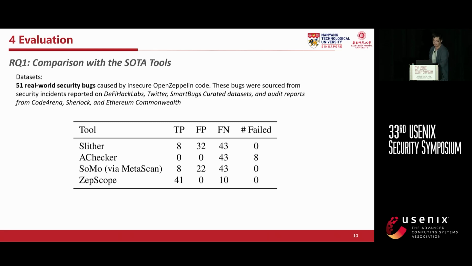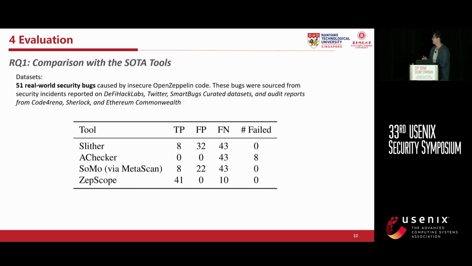And then we go to evaluation. The first one is to compare our tool, ZP scope, with the baselines. We choose 3 baselines. The first one is Slither, which is a very famous open source security checker for smart contracts. The second is A-Checker, and the third is SOMO. Both of these tools focus on detecting the access control problem.